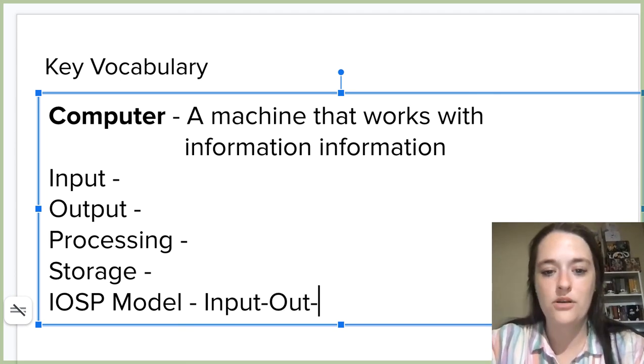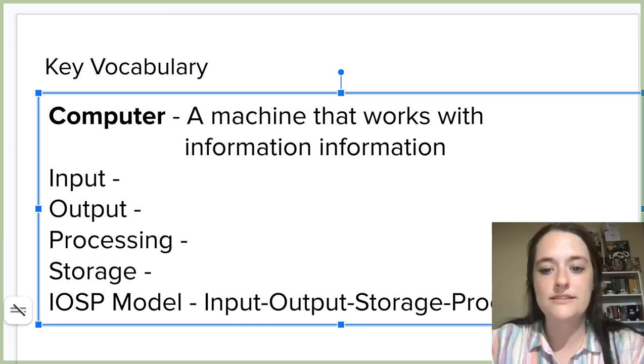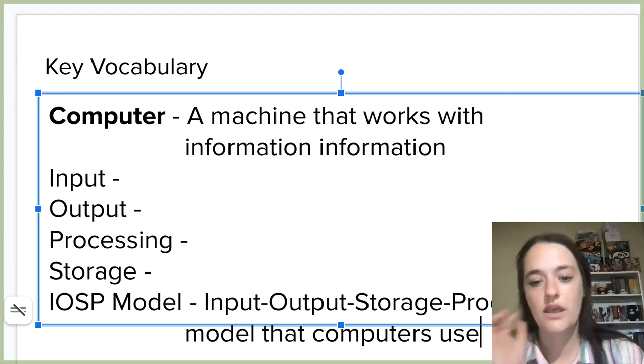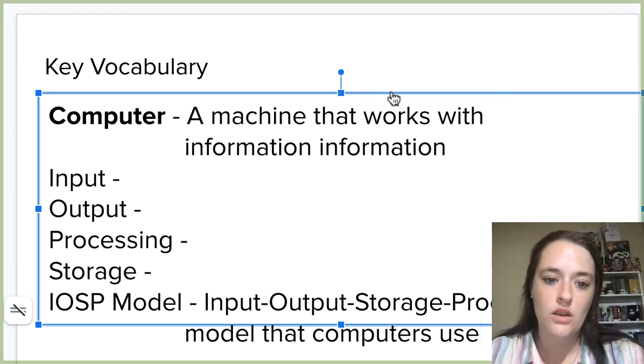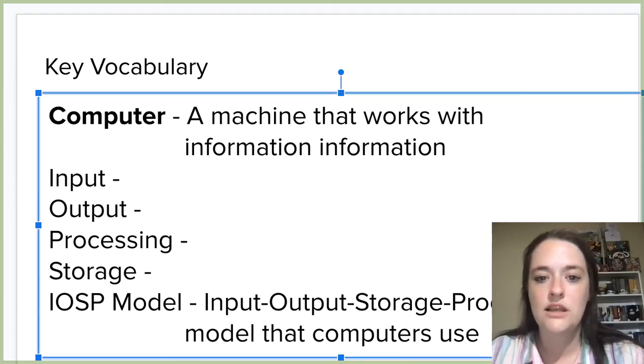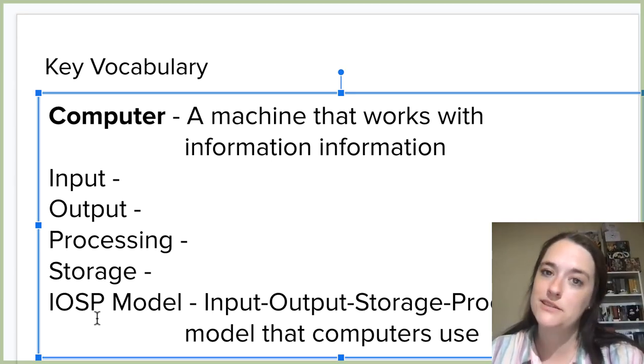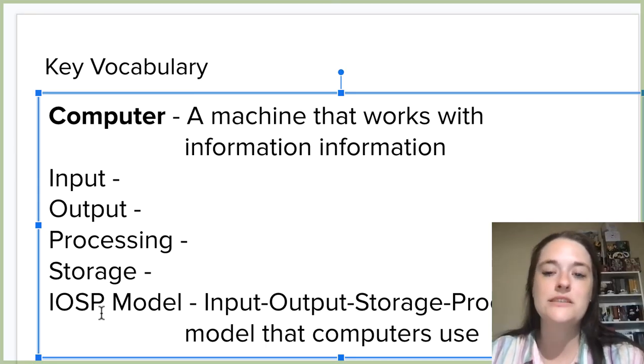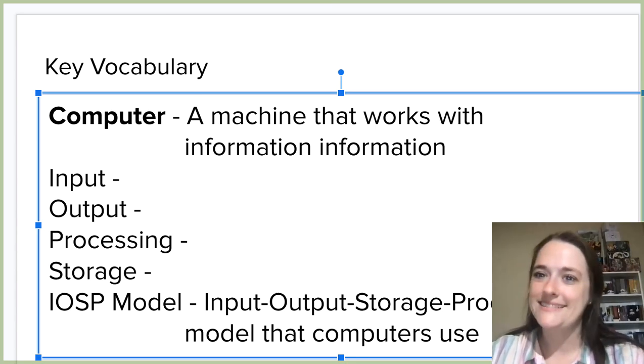Input, output, storage, processing model that computers use. Okay? So, also add that. It's not technically part of your vocabulary, but now you know what IOSP model is, so if I talk about it in another video, it'll be helpful for you to have that little bit of information. And that's the end of today's lesson.